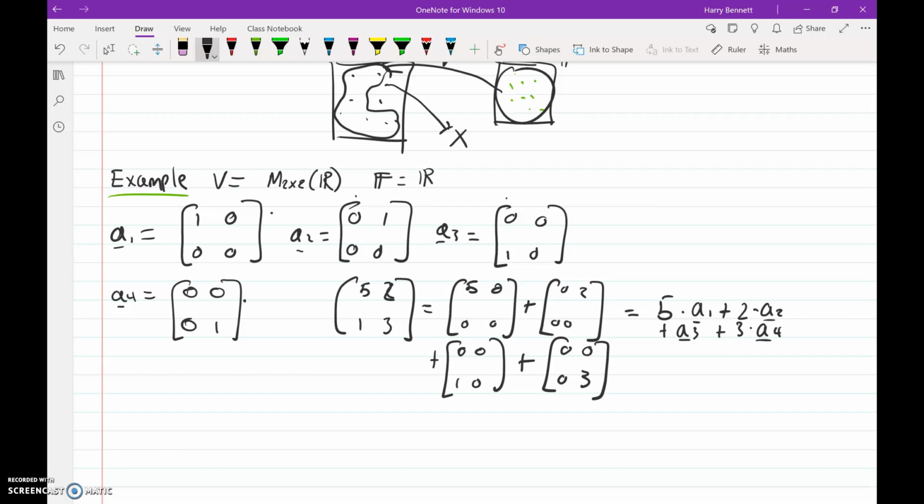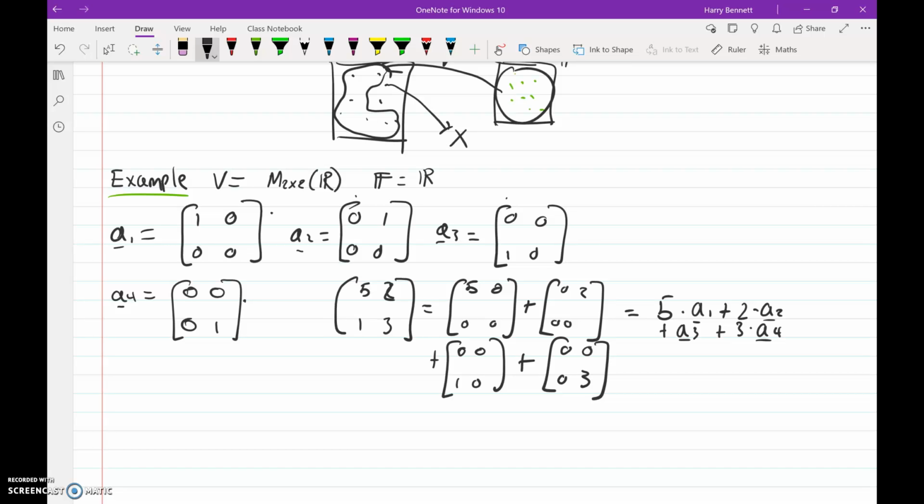So this set of vectors spans V, and so any vector is a linear combination of A1 up to A4. And do remember, this definition doesn't limit the amount of vectors we could have.